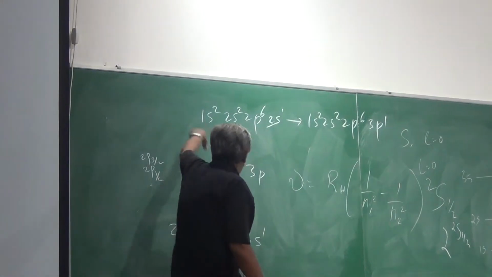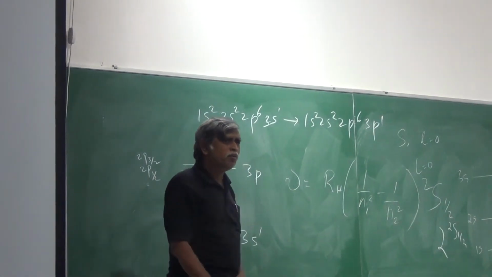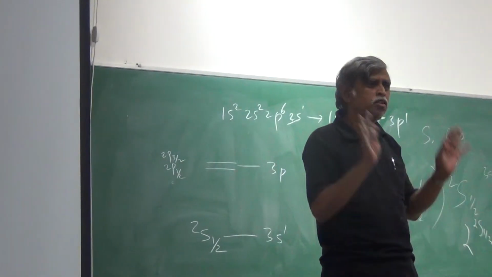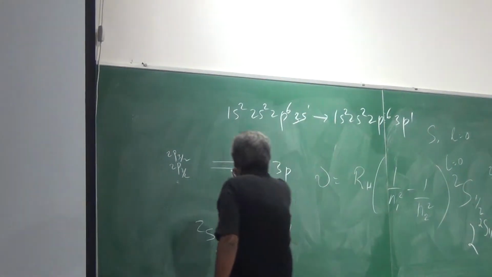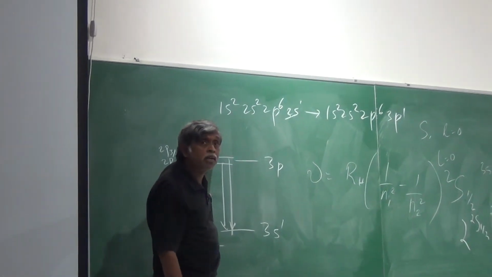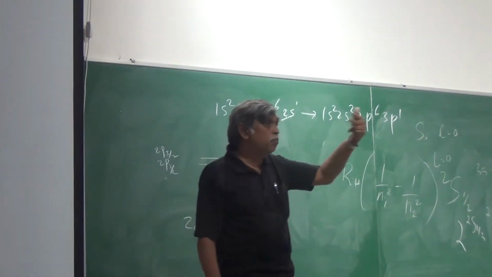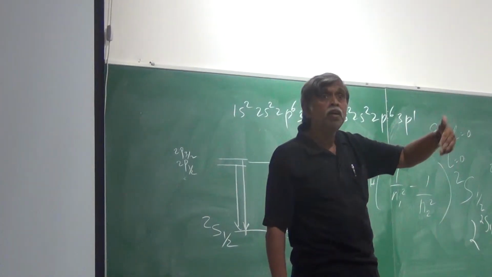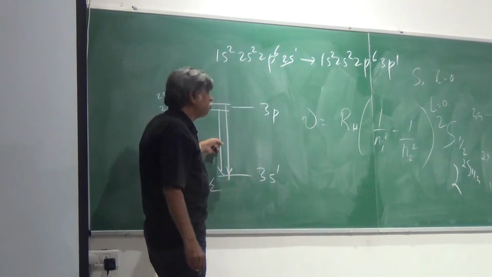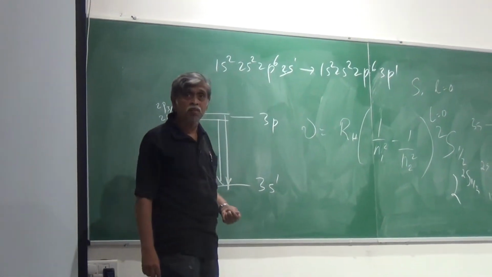Now, when the electron jumps down, without going into selection rules, which I have not taught you yet, let's assume that it can jump from here and it can jump from here. Because you have a split in the P level as doublet P 1/2 and doublet P 3/2, quite naturally, when this electron returns, there must be two transitions very close to each other.